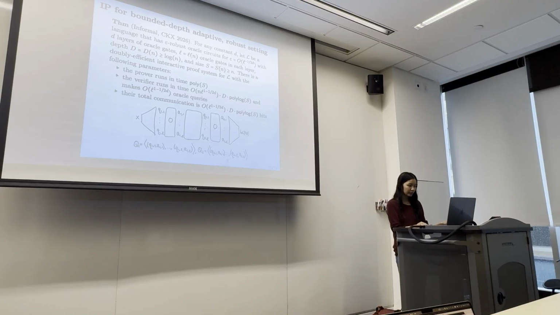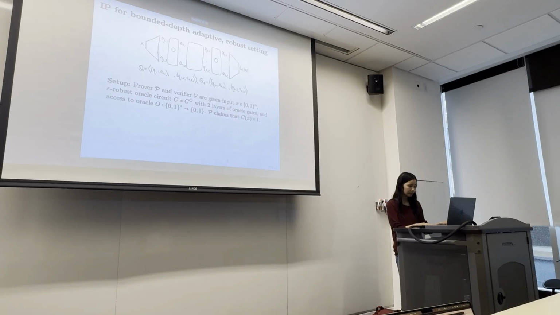In this drawing, we have a two-layer bounded depth adaptive oracle circuit. So an oracle circuit with two layers of oracle gates, and we'll use Q1 to represent the string of queries and answers corresponding to this first layer of oracle gates, and Q2 to represent the string corresponding to the second layer. Alright, so here's our setup.